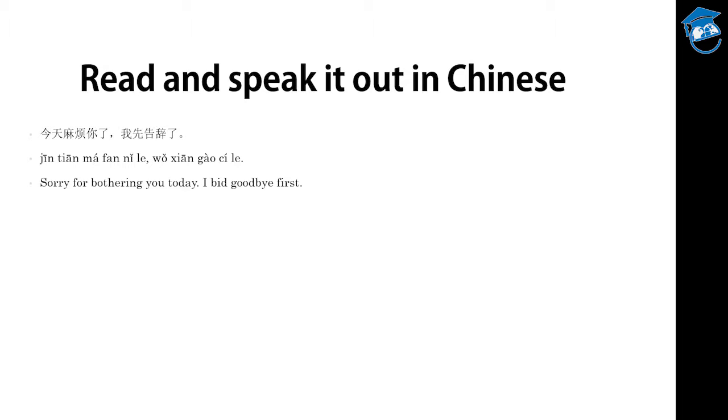And to say 我先告辞了 should be very straightforward as I explained the meaning of 告辞. So to say 我先告辞了 is just to say I'll leave first. Okay? And of course 告 is more like to tell something, and then 辞 is to leave. So 告辞 is to say I bid goodbye. Okay? So we use 先 here.